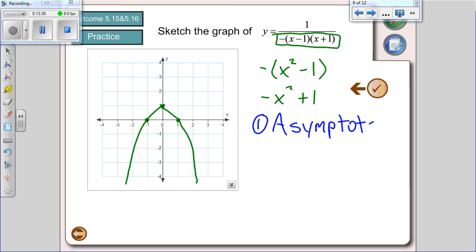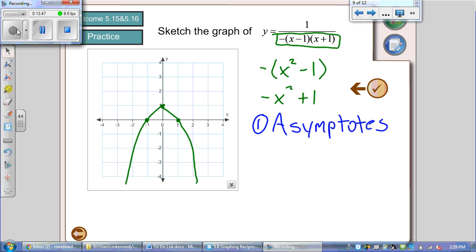They're your x-intercepts. Your first step to reciprocating this graph is to do what? Asymptotes. Where do your asymptotes occur on a graph? Your x-intercepts, and there's one other one.